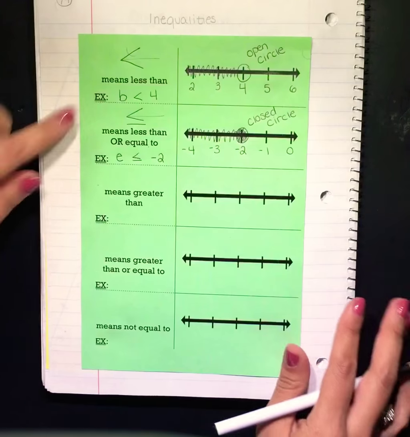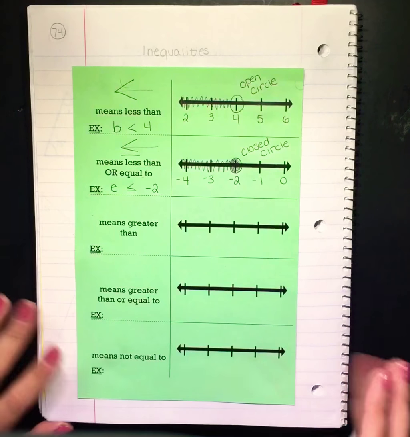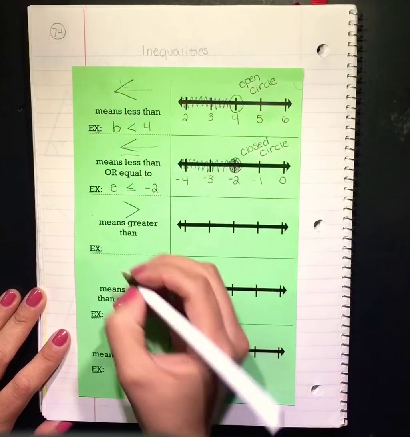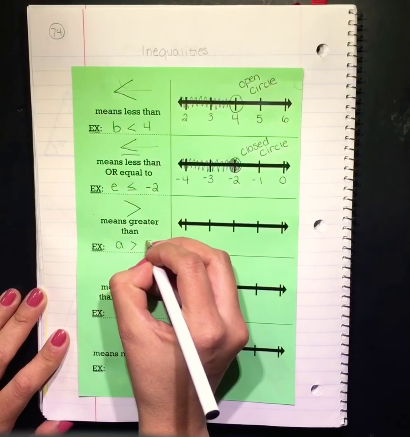Means greater than. If this is the less than sign, what's the greater than sign going to look like? The opposite. Other way. Means greater than, and here is your example. A is greater than 5.